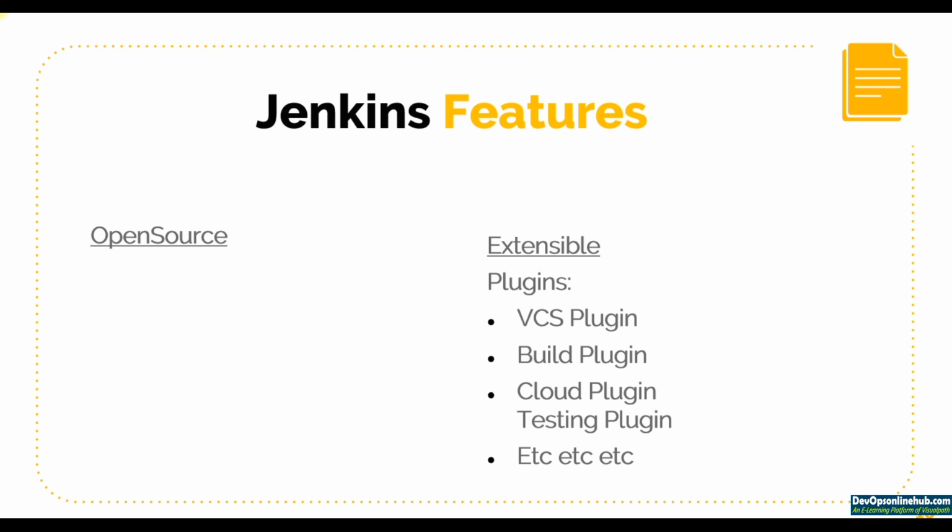So when I set up Jenkins, it will come with a lot of plugins and a lot of features. But if I want to integrate it with cloud, with my AWS cloud, there is no feature in that by default, but we can go to its plugins section, download cloud plugins and integrate it with the cloud. Likewise, there are plugins for testing.